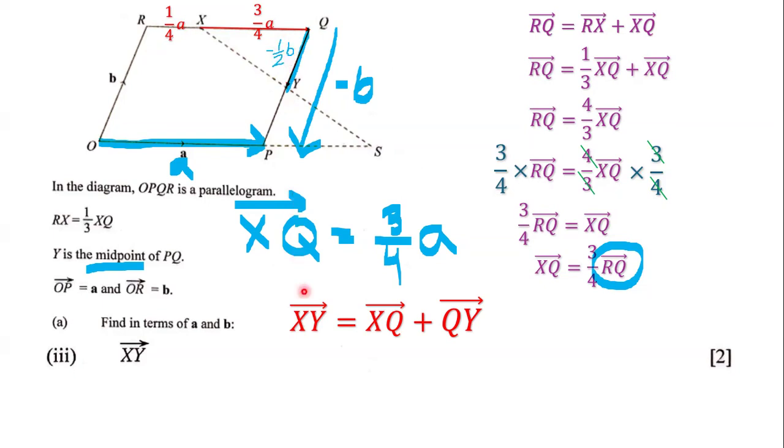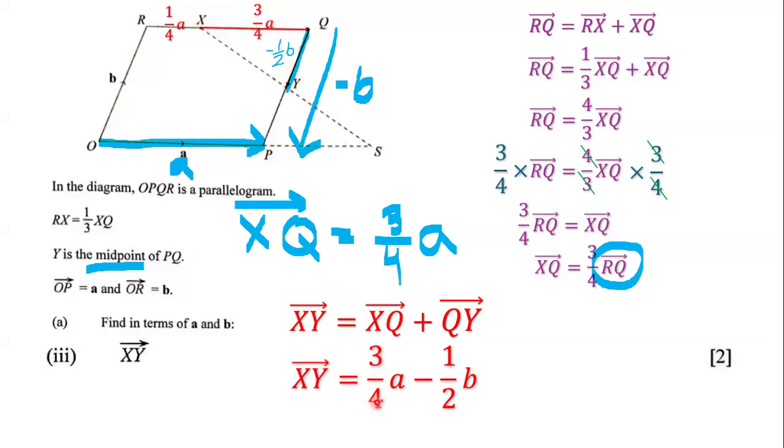And so we have everything we need. We know that XY is equal to XQ plus QY. Again, XY is equal to XQ plus QY, and that makes sense because we go from X to Q, then Q to Y. We know that XQ is equal to 3 over 4A.